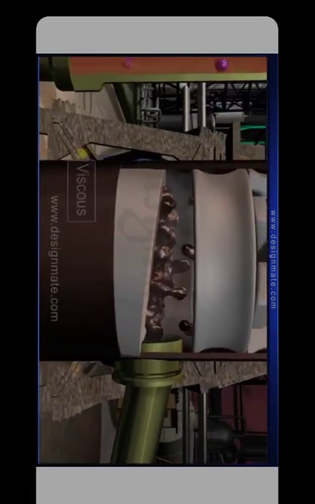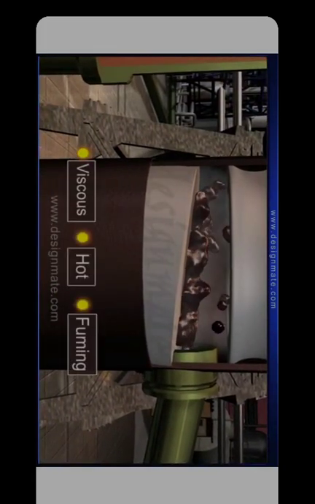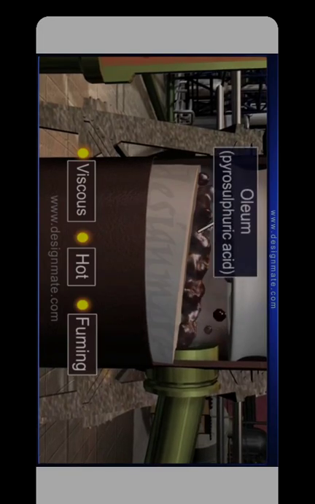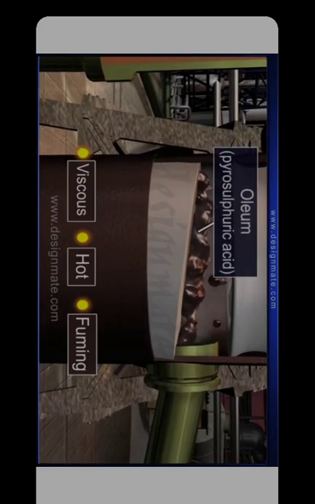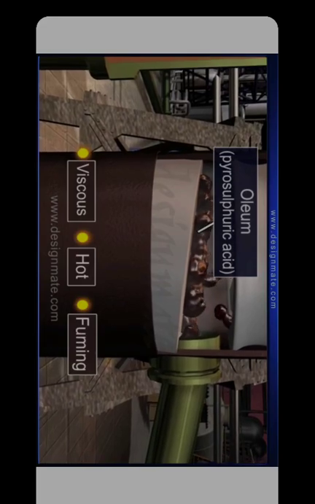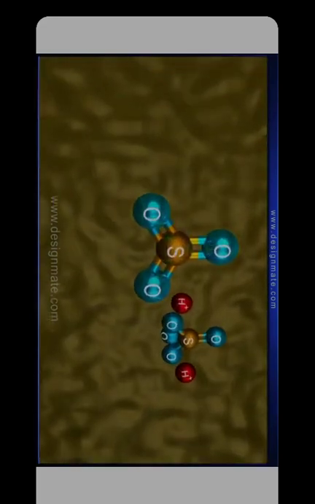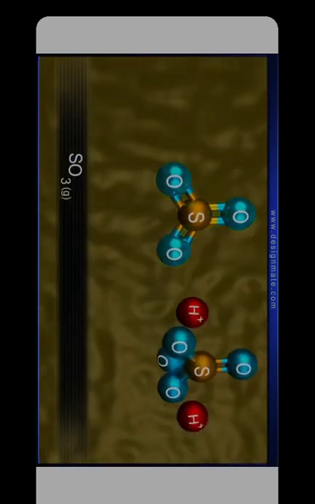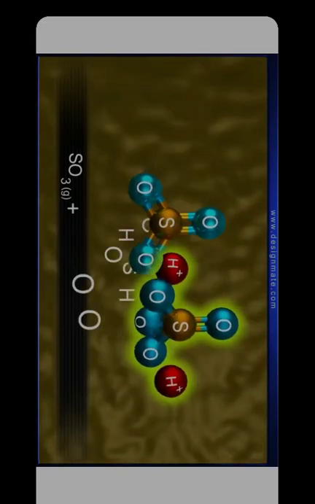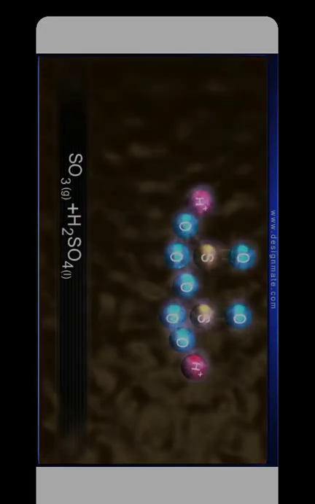As a result, a viscous hot fuming liquid called oleum or pyrosulfuric acid is formed at the bottom of the tower. Sulfur trioxide reacts with concentrated sulfuric acid to give pyrosulfuric acid or oleum.